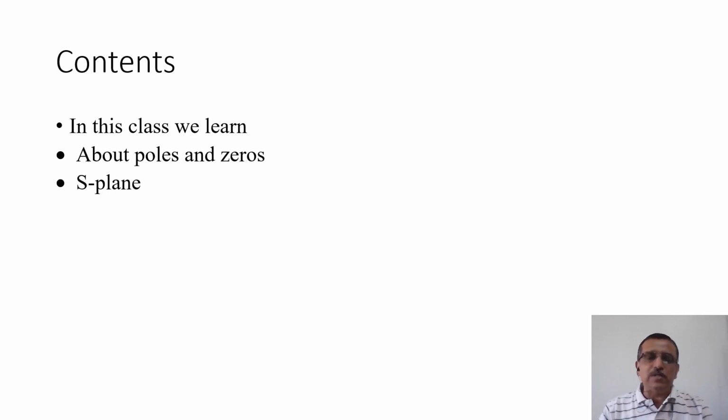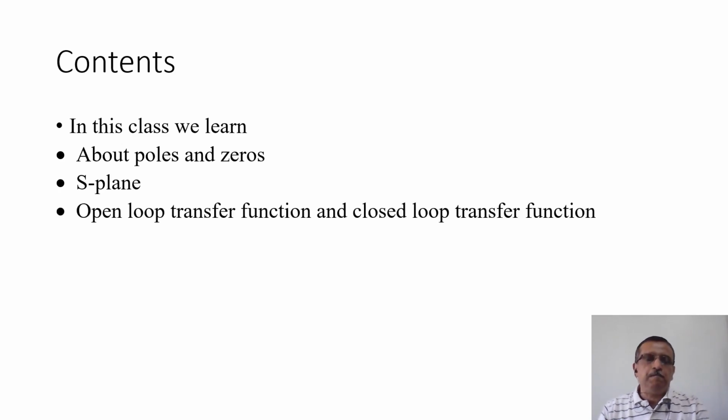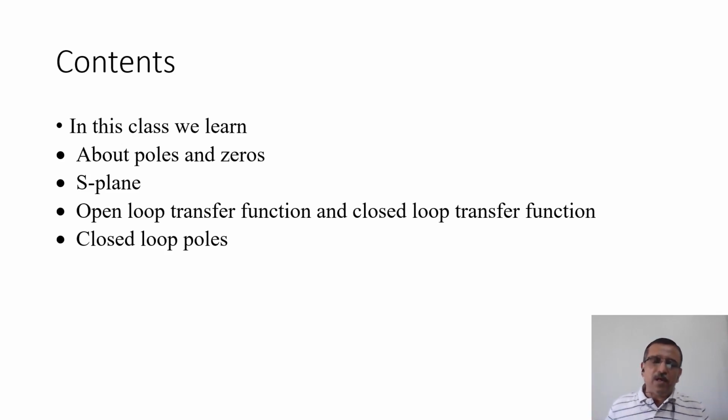Then one thing which I haven't said very specifically is the S-plane. I'll be talking about the S-plane. Then open loop transfer function and closed loop transfer function, you should not get confused about them. You should read the question, read the context and understand clearly. Then closed loop poles, that is the main thing. If you know the closed loop poles, you know a lot of things about the system.